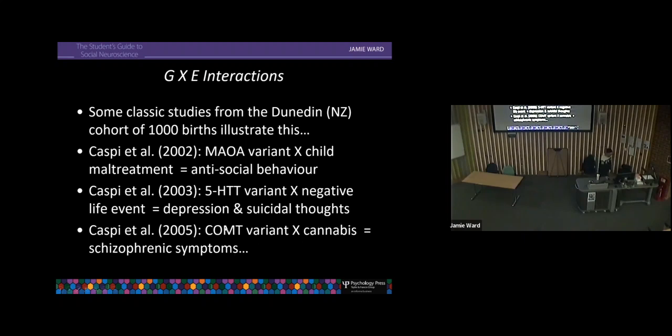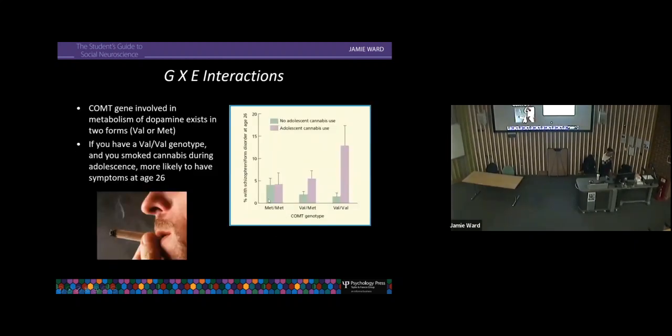And this is, I've forgotten exactly what this one does. I think it's in brain development. It's also related to, I think, breaking down neurotransmitters. And this is looking at smoking cannabis as an adolescent, and that people report more schizophrenia-like symptoms. So the gene exists in two forms, depending on whether you've got the amino acid methionine or valine.